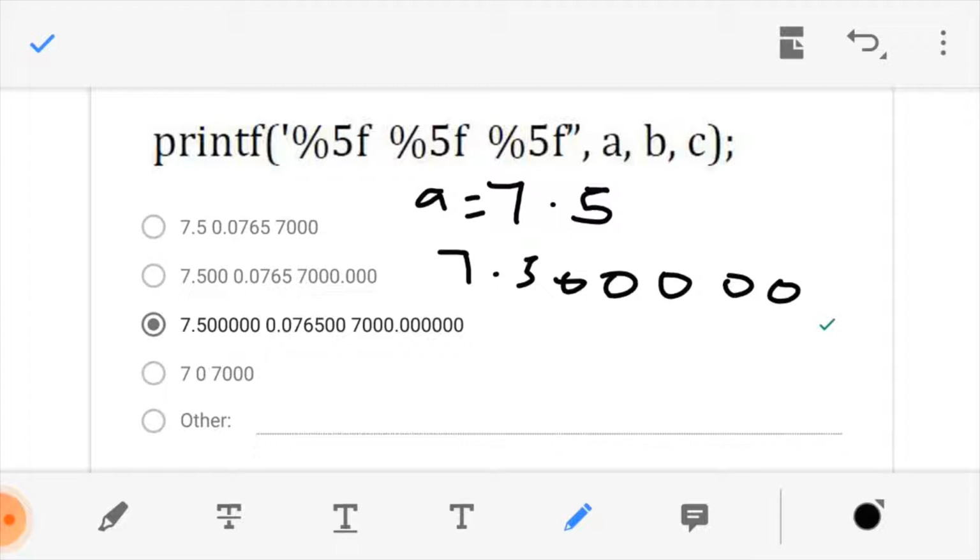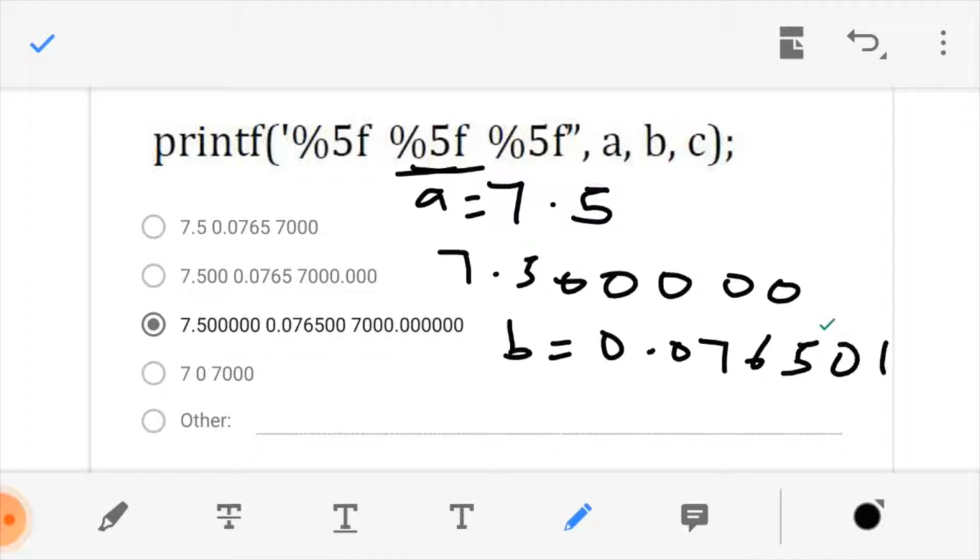Now the next one works with the same analogy. We know that B was initialized as 0.0765. So in this question, since we need our default precision, we would add 2 zeros to make this measure up.